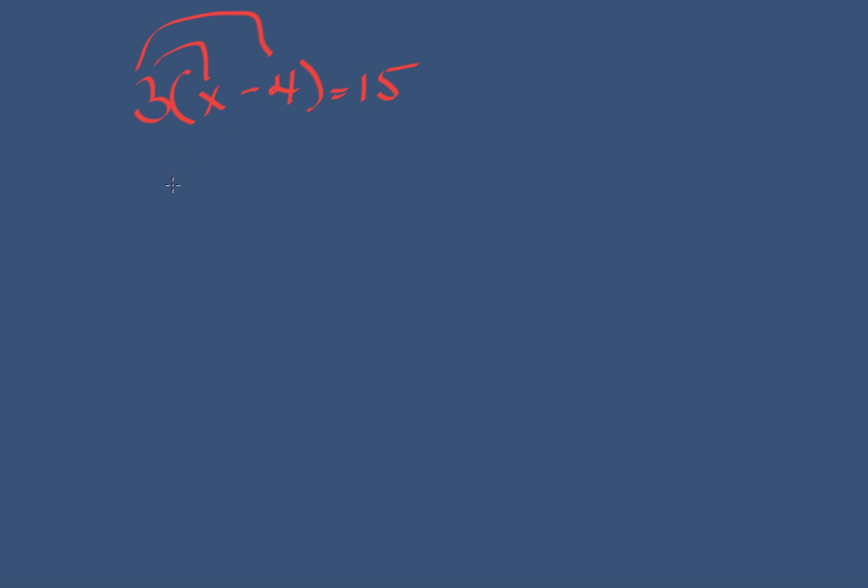It's like FOIL. So 3 times x is 3x, 3 times 4 is 12, equals 15. This looks very much like the other one sitting next to it, so I'm going to do them both at the same time.